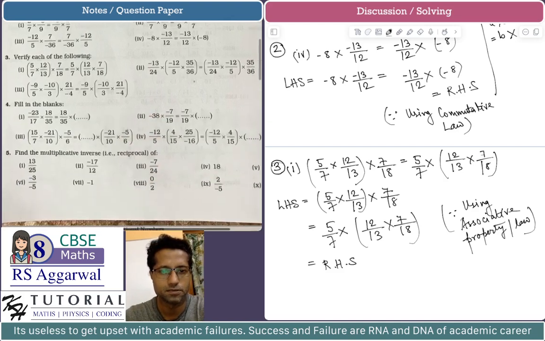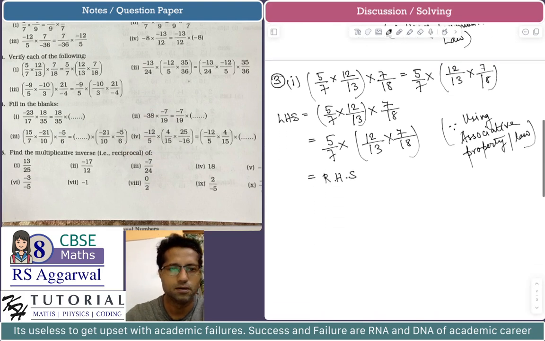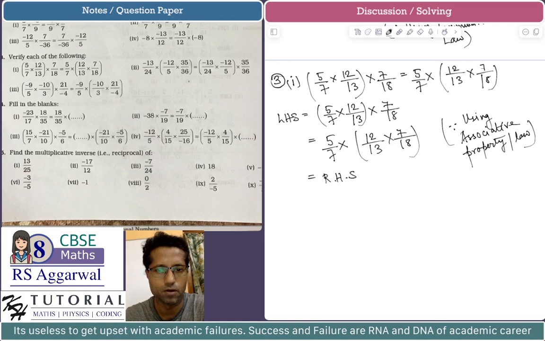Now fill in the blanks. Fill in the blanks are also based on using the commutative law and associative law of multiplication. So let's do part 3.